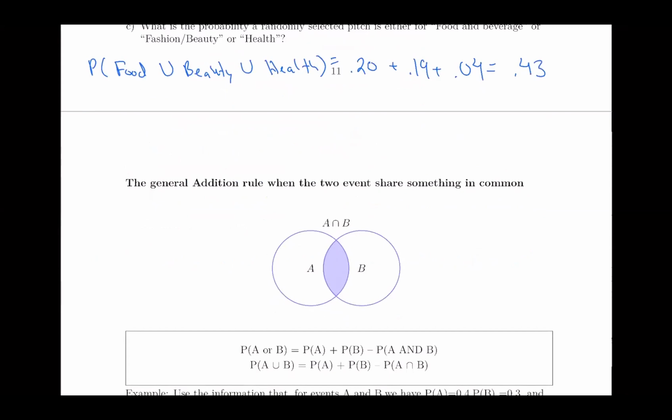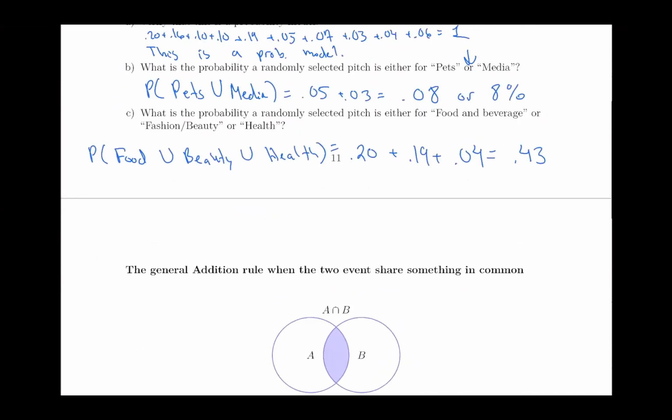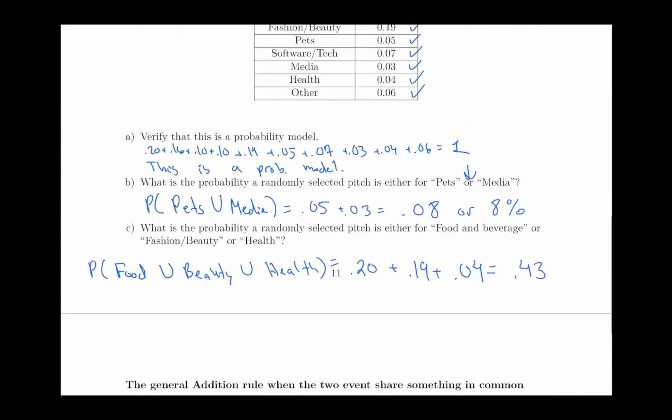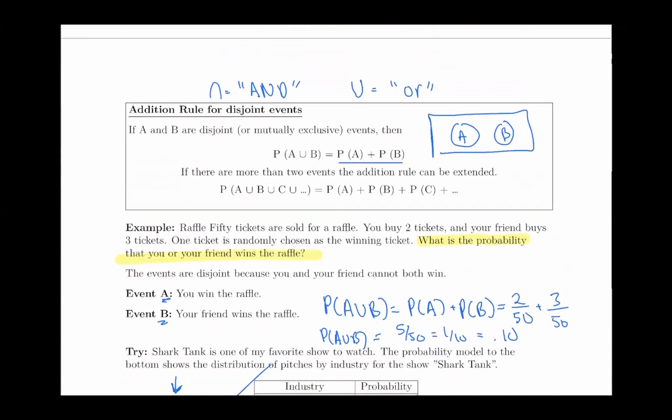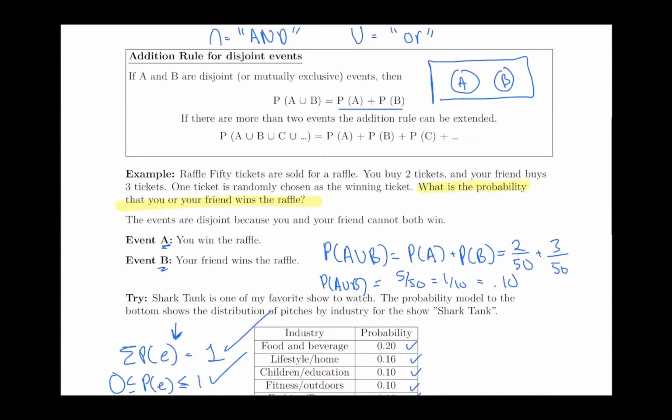So now we're gonna do the general addition rule. For this one, let's look at both of these. Let's look at the raffle. For the raffle, did they give me the percentage?